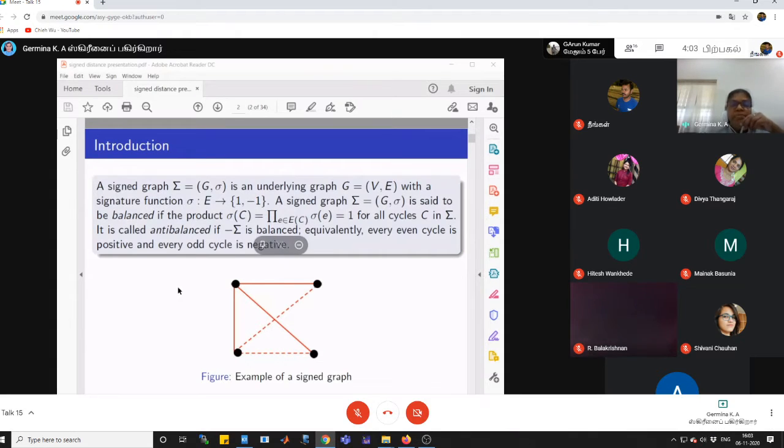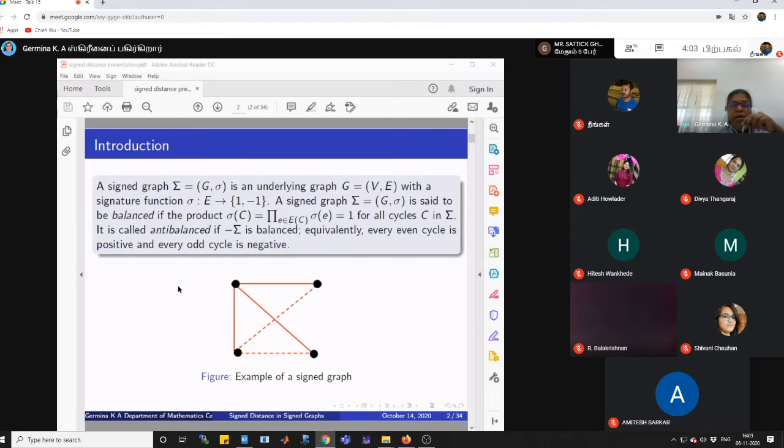A signed graph, usually denoted by Σ, is equal to the underlying graph G together with a signing function σ, that is Σ = (G, σ), where G = (V, E) with a signature function σ from the edge set to {1, -1}, which means we will be giving a sign to the edges, either as 1 or -1.